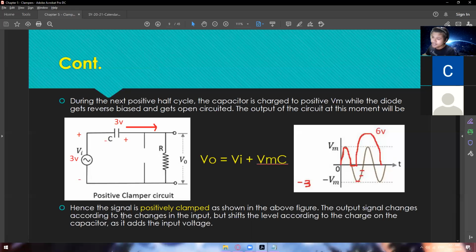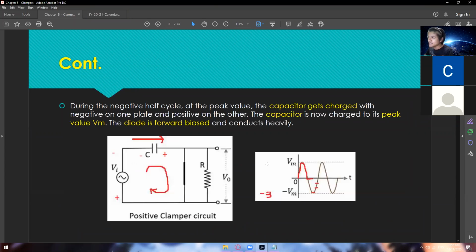So hence, the signal is positively clamped as shown in the above figure. So the output signal changes according to the changes in the input, but shifts the level according to the charge on the capacitor as it adds the input voltage. So I hope you guys got the idea, okay?